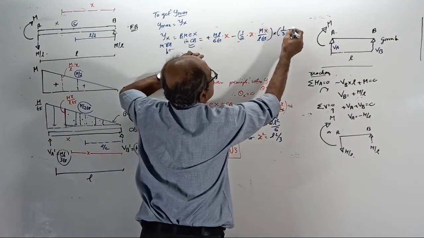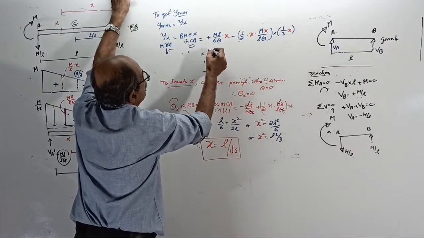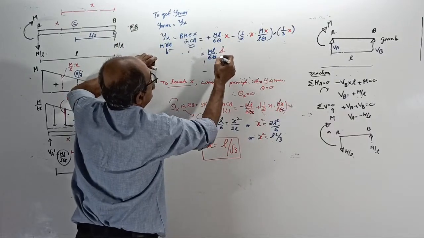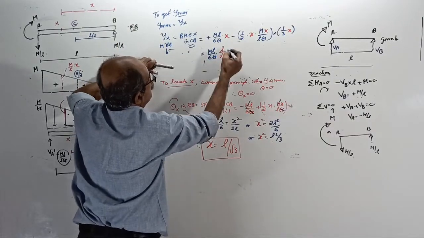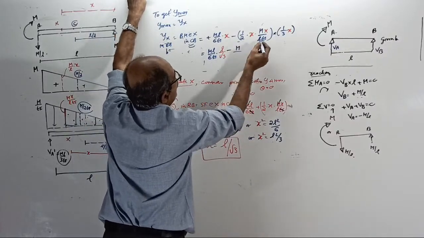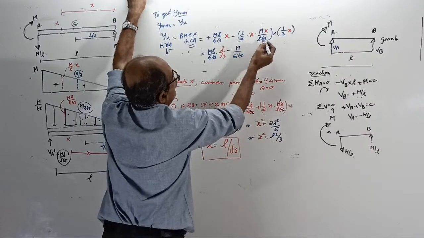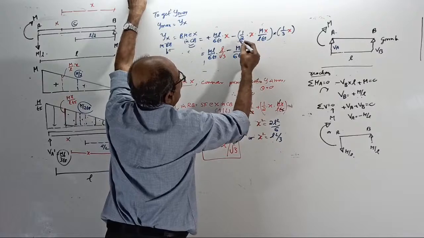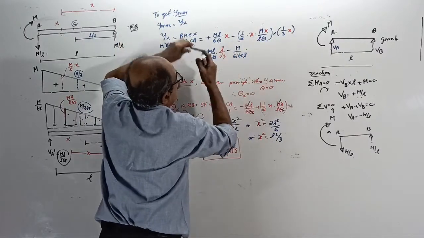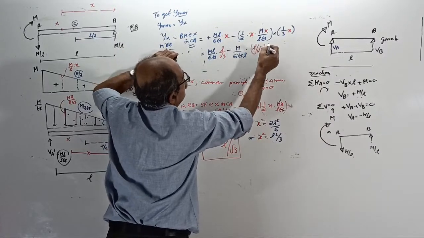If I substitute here now, it will become ML by 6EI into L by root 3 minus M by 6EI also into L into x, which is x cube, L by root 3 cube.